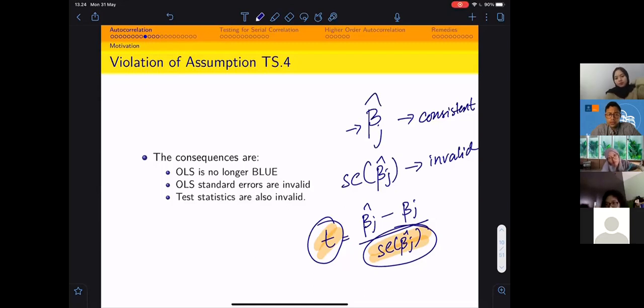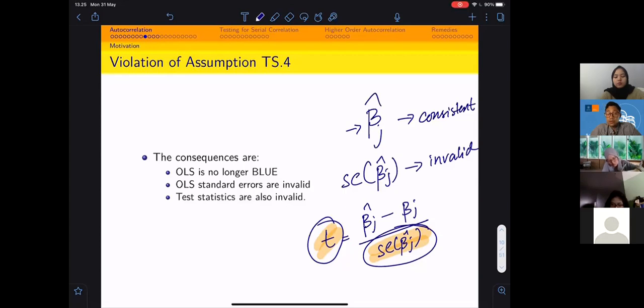Now, the question is, all right, we still get a consistent estimate of beta hat J, so why do we care at all about the t-test? If you recall, the t-test is very important for us to obtain the correct inference. We want to avoid any issue with type 1 error, where we reject the true null hypothesis, or a situation like type 2 error, where we fail to reject the false null hypothesis.